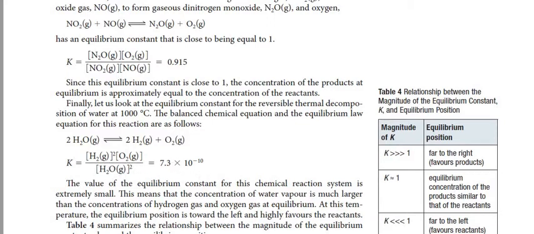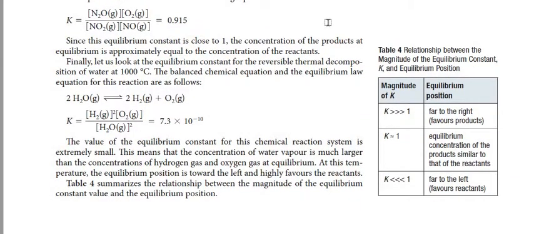And K is going to be 7.3 times 10 to the power of minus 10. So the value of the equilibrium constant for this chemical reaction system is extremely small. This means that the concentration of water vapor is much larger than the concentration of hydrogen gas and oxygen gas at equilibrium. At this temperature, the equilibrium position is toward the left and highly favors the reactants.